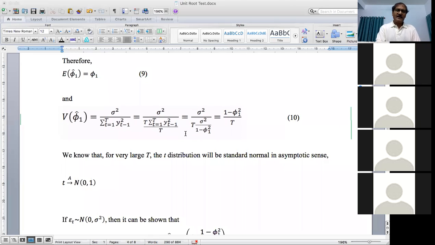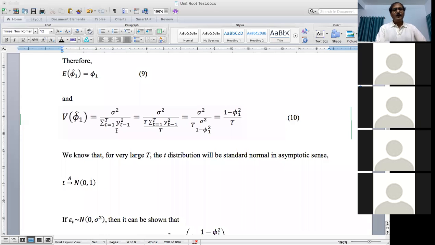And the steps are very simple. Start with the basic definition of variance of beta hat. Variance of beta hat, because phi 1 hat is similar to beta hat in our simple linear regression model, is equal to sigma square divided by sum of x square. Sum of x square means, in our case, sum of yt minus 1 square.